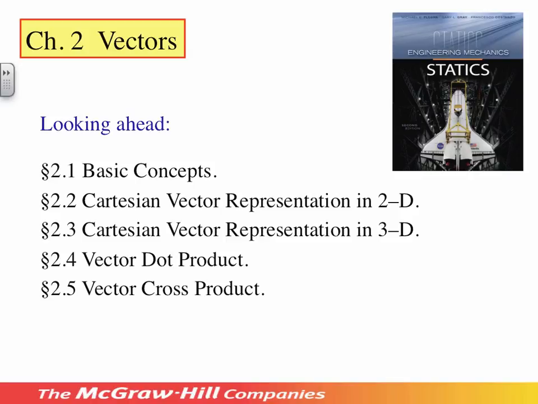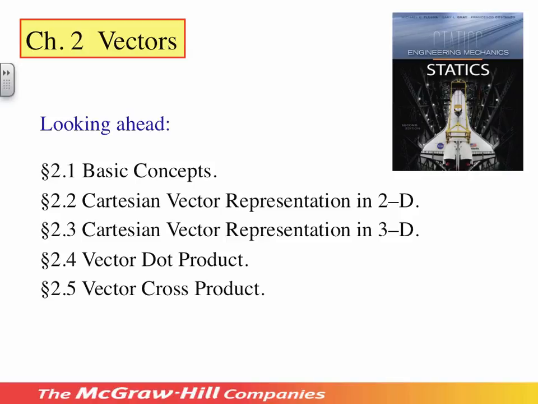By Cartesian coordinate systems, we mean an xy system in 2 dimensions, which we'll talk about in section 2.2, and an xyz system in 3 dimensions, which we'll talk about in section 2.3. The final 2 sections of this chapter deal with the less obvious arithmetic operations involving vectors, specifically the multiplication of one vector by another.